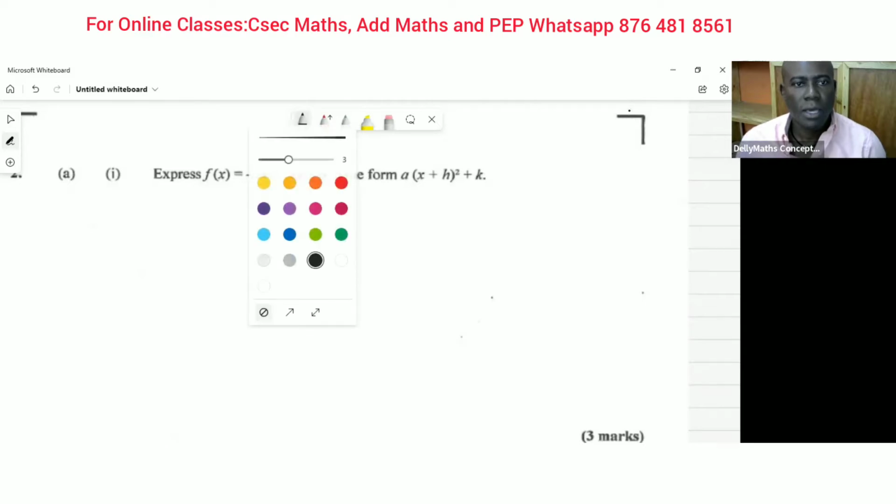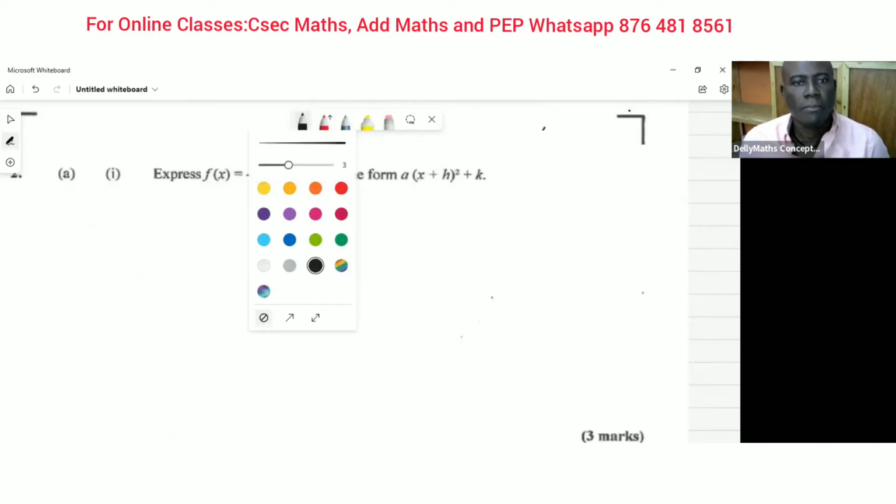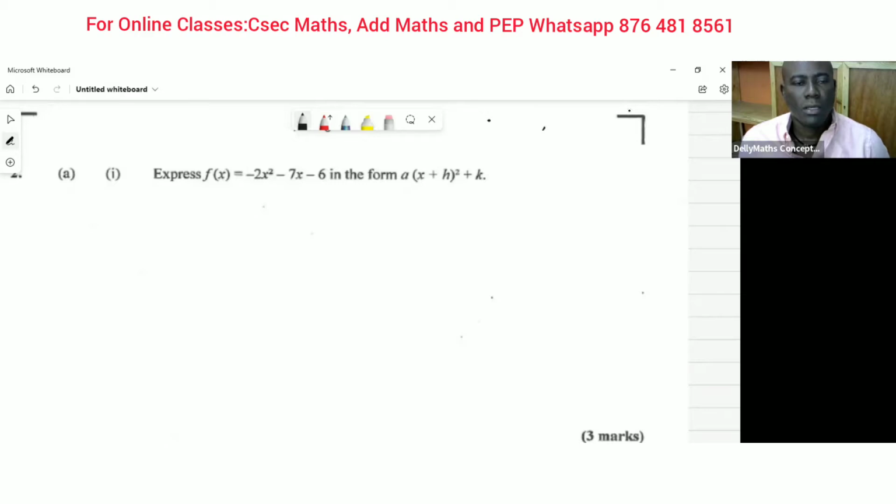And it reads, express f of x equal to negative 2x squared minus 7x minus 6 in the form a open bracket x plus h all squared plus k. Basically this is what we'll call completing the square.